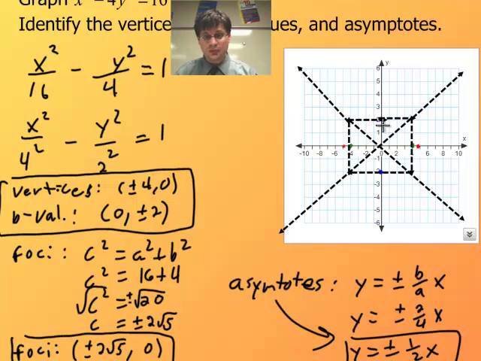And then once we have that, we can just draw a graph that just avoids the various dashed lines, the asymptotes, but goes through the vertices and around the foci. You're just going to follow along them very closely, and it should look like this. So that would be our first hyperbola.